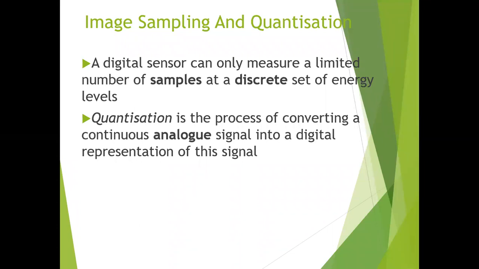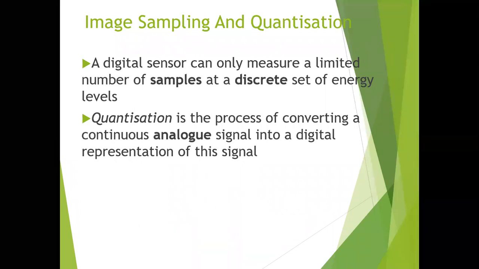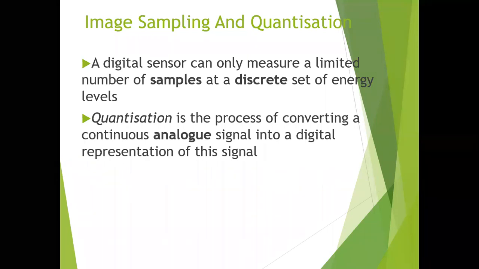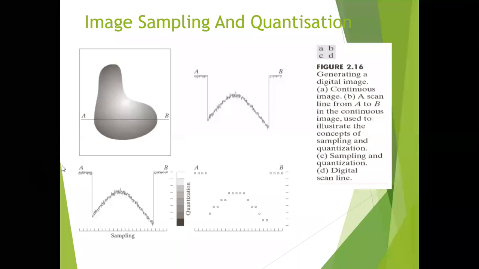Quantization is the process of converting a continuous analog signal into a digital representation. For that, we need to sample along the x-axis and y-axis, and at the same time the magnitude also needs to be quantized. See here, for example, an image is like this.